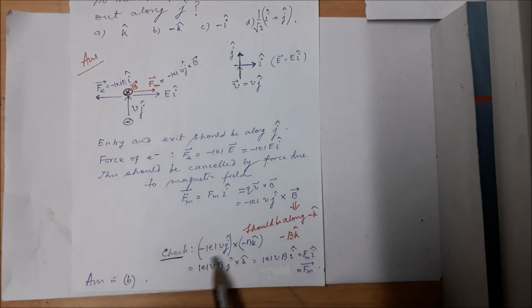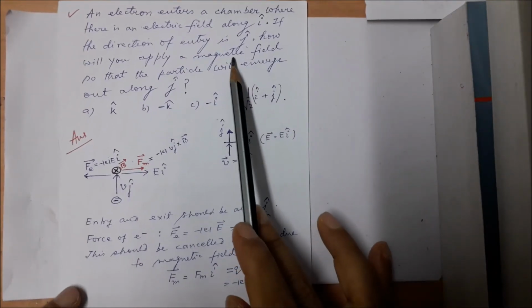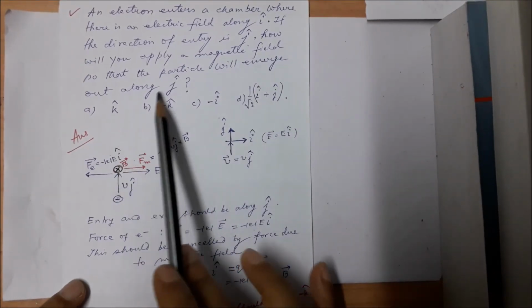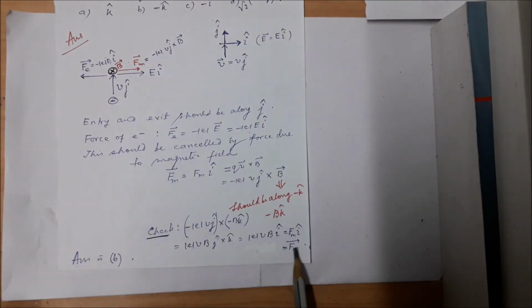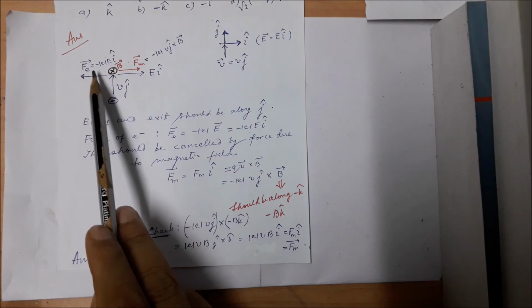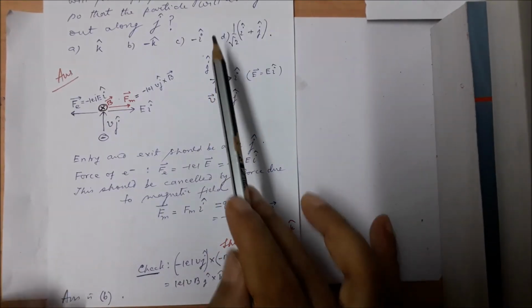We can check it easily. This part cross this, if we put minus B into k hat, it gives us Lorentz force along i cap. So the magnetic field will be along minus i cap. So the answer is B. And this Lorentz force cancels the Coulomb force, so that particle will emerge undeflected.